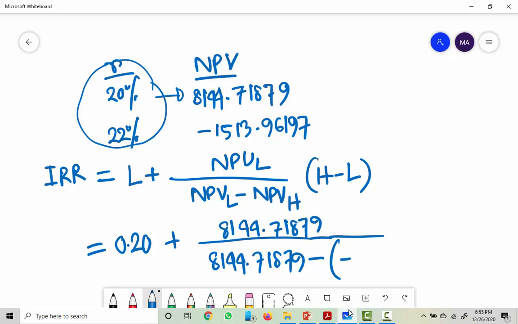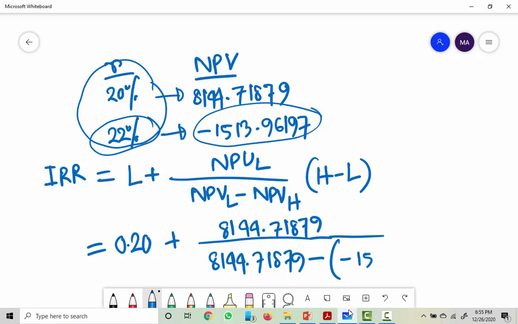NPV H means NPV at higher rate. This is the higher rate among these two discount rates. So this is the NPV H, NPV at higher discount rate.